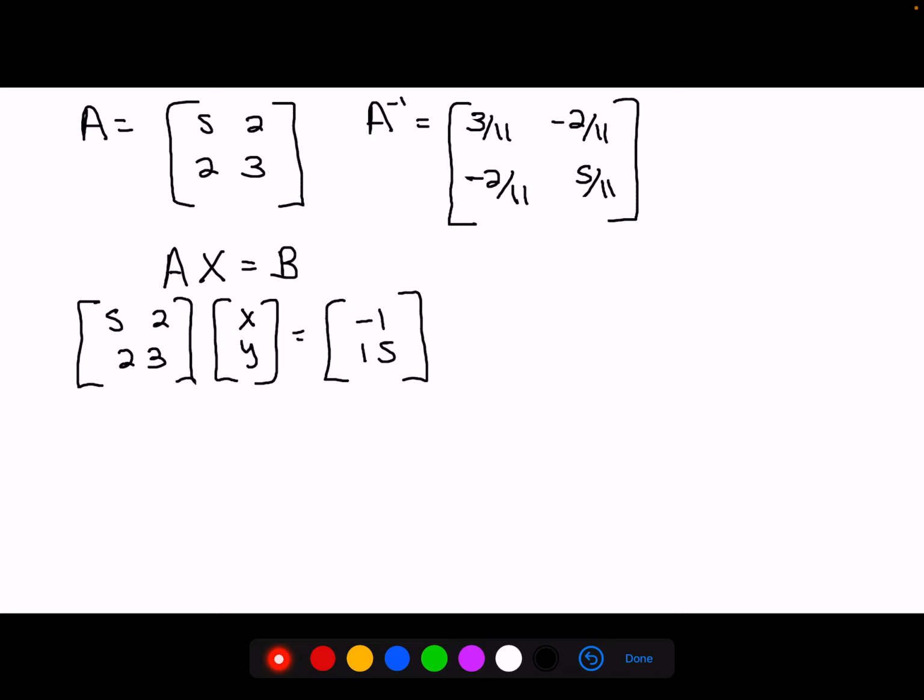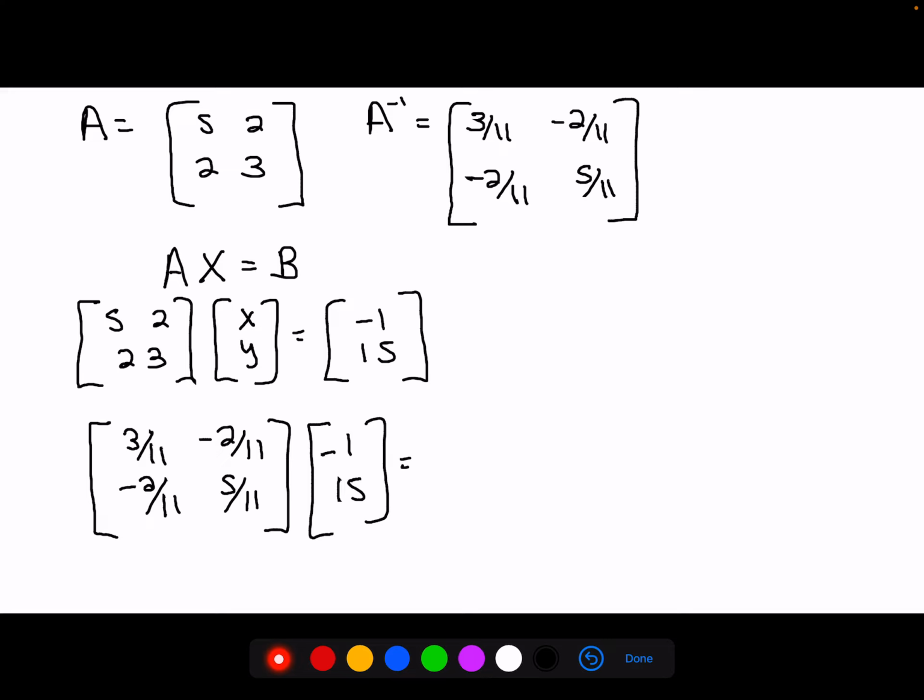So what we're going to do now is take that inverse matrix with the 3/11, -2/11, -2/11, and the 5/11, and we're going to multiply that with B, the -1 and the 15, and see what that gets us.